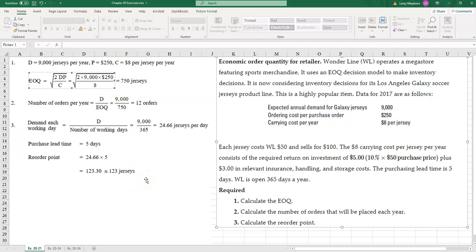From when I go down from 123 and start selling about 24, 25 a day, once I run out of these jerseys, my next shipment of 750 jerseys will come in. So this is the economic ordering quantity model, and this is for a retailer.